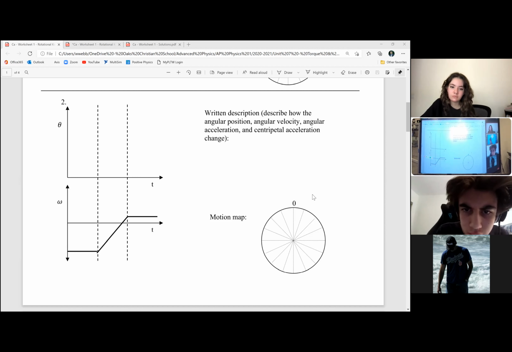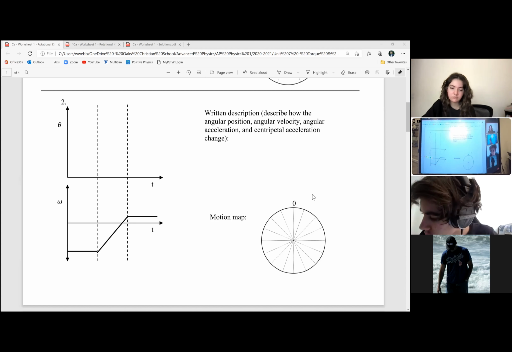Centripetal acceleration, we're going to hold off on anyway, but for angular acceleration, when is the velocity changing? Is it in the first part or the middle part or the last part? The middle part, because it's a diagonal line versus horizontal. So yeah, acceleration would be changing then. Yeah, so that's when we have that acceleration in that middle part.